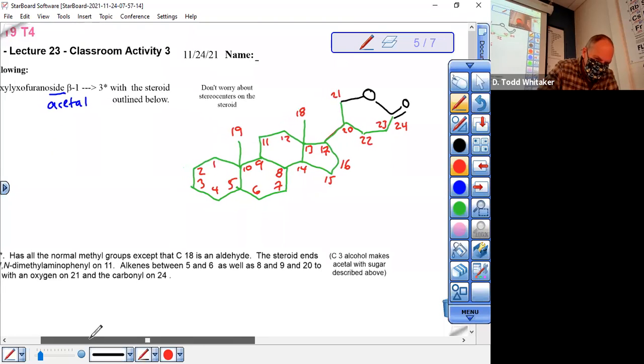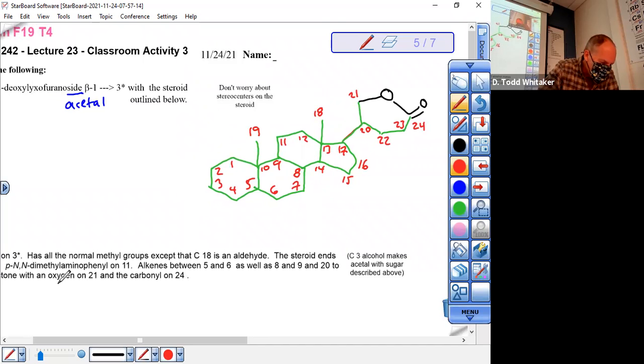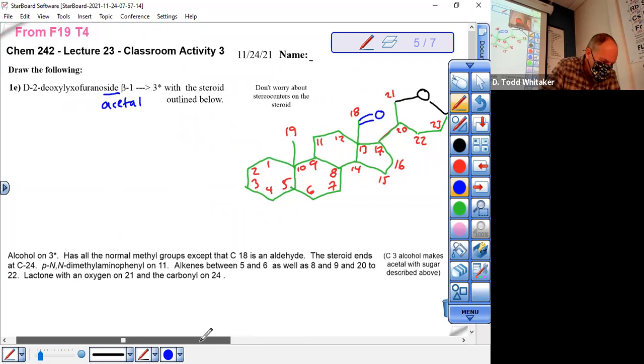Let's put the other stuff on the steroid before we work on the sugar. It says normal methyl groups except that C18. Hey, we can fix C18 by making it into an aldehyde. The steroid ends at C24, covered that already.